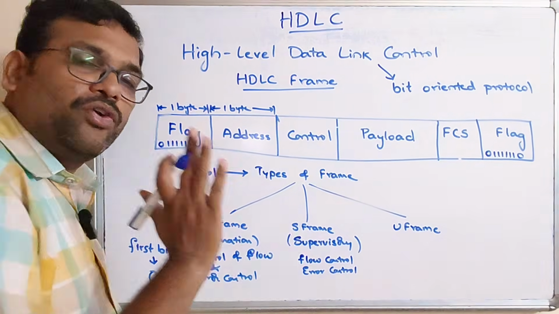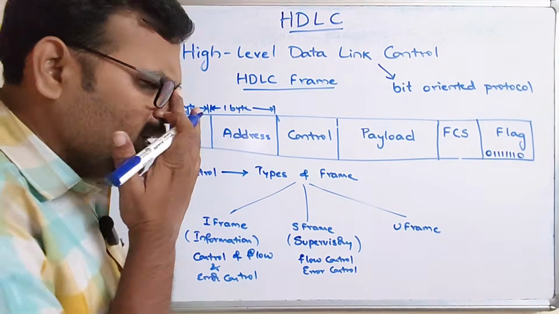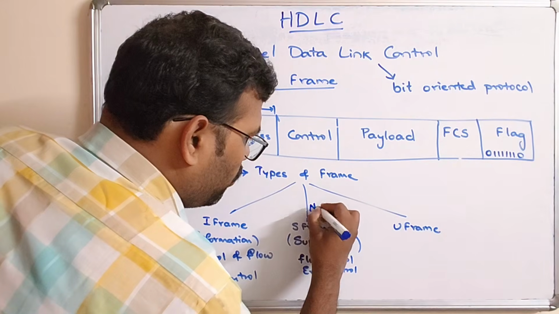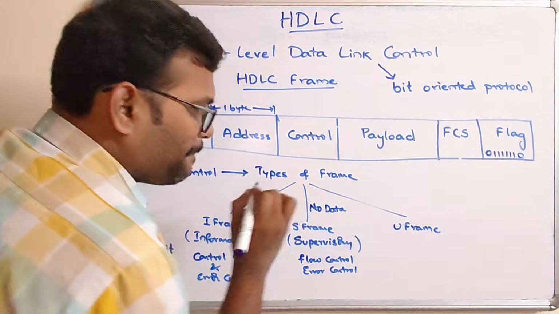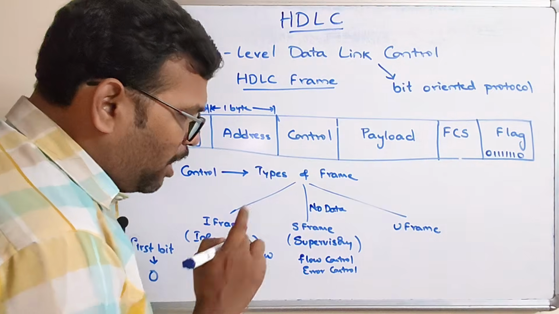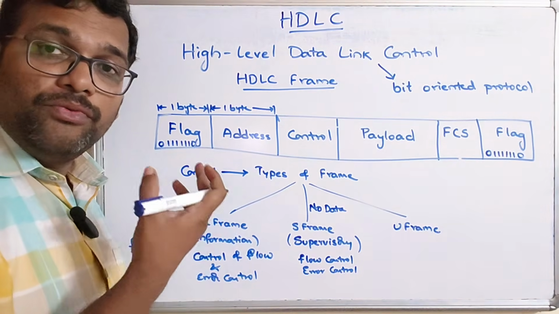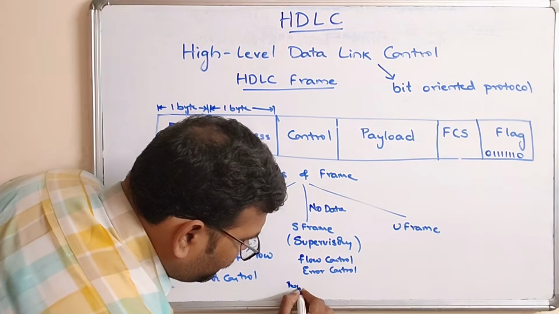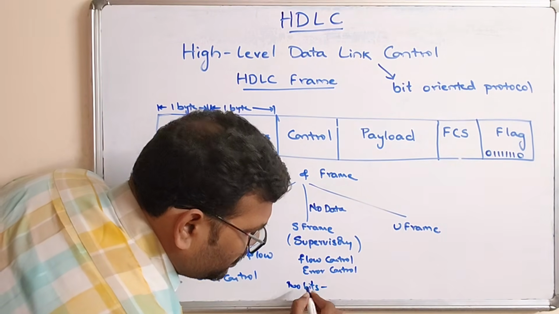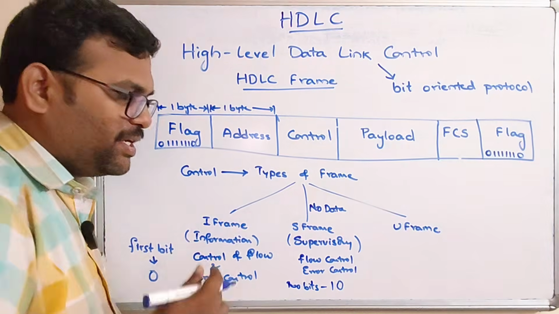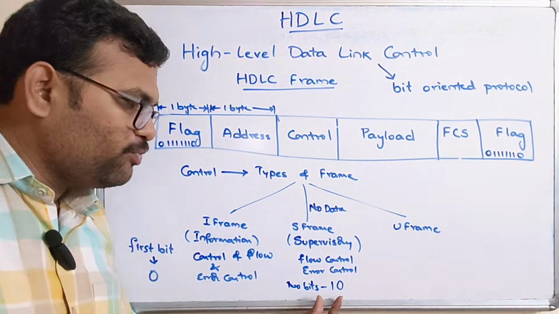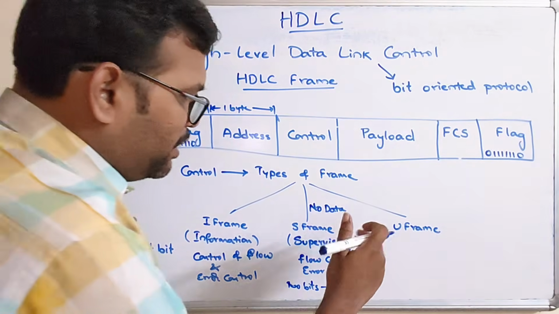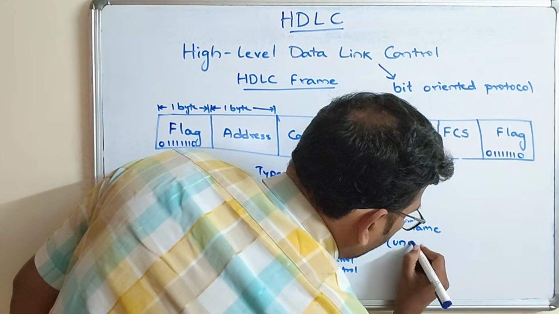It will only send the flow control and error control bits. There will be no actual data, so I'll write here, no data will be sent here. How do we know that a frame is an S frame? If the first 2 bits of this control field are 10, that implies this is an S frame. And the next one is the unnumbered frame.